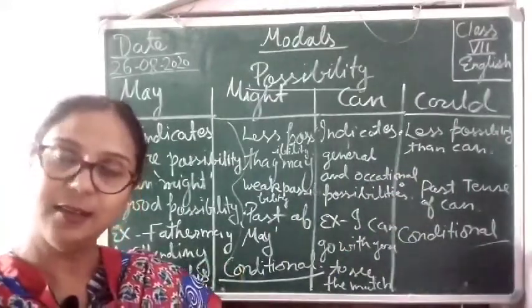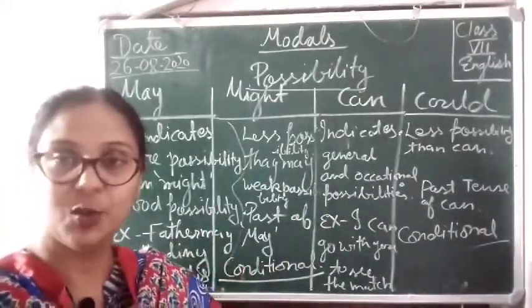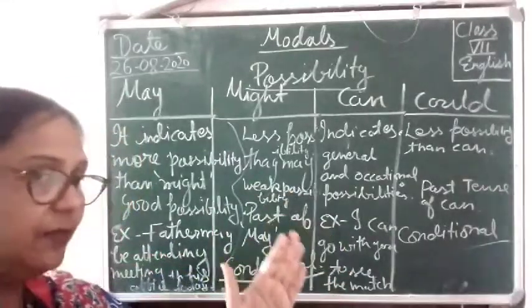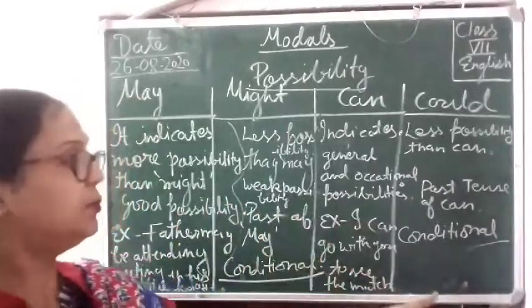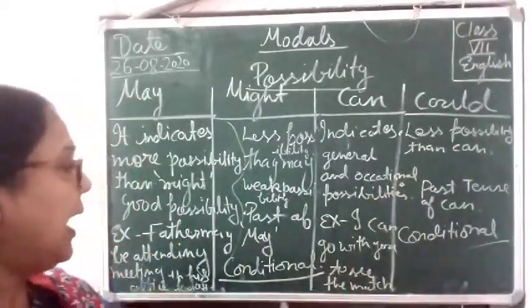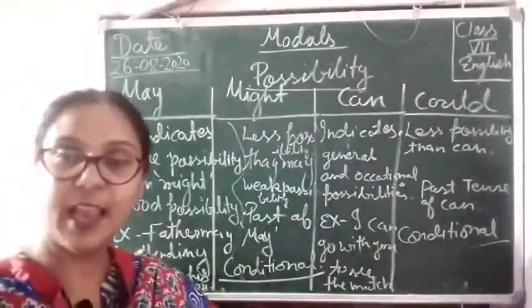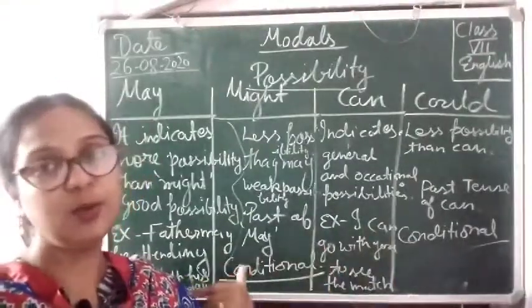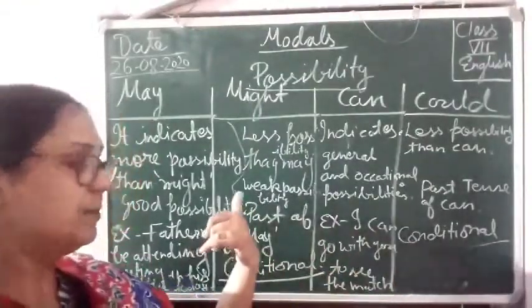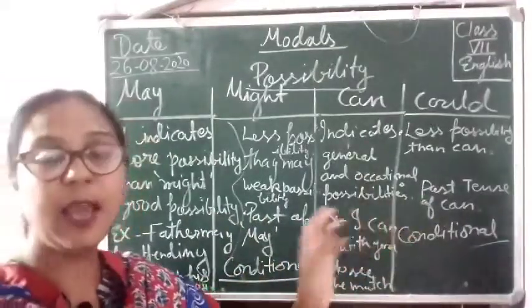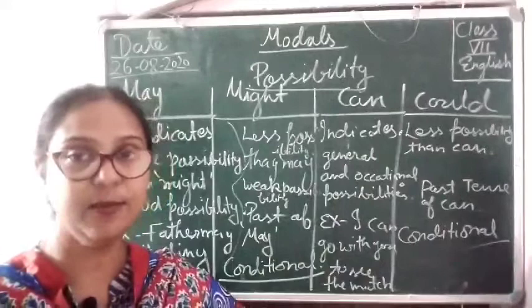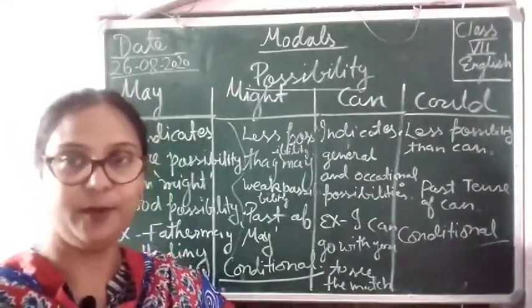So there is a condition. That is why whenever we have to give the condition in any sentence, we are supposed to use could and might. Both are also used as a past tense: might is the past tense of may, and could is the past tense of can.